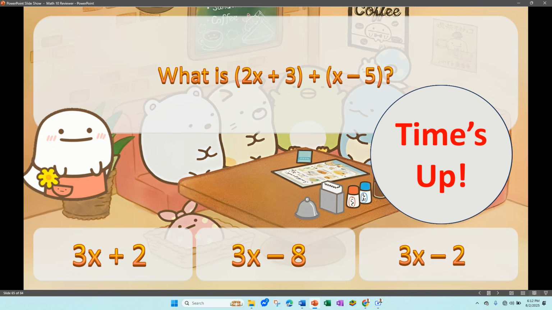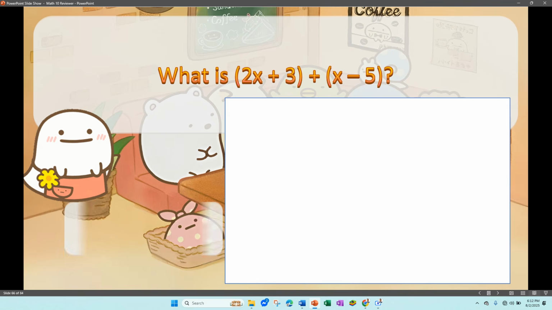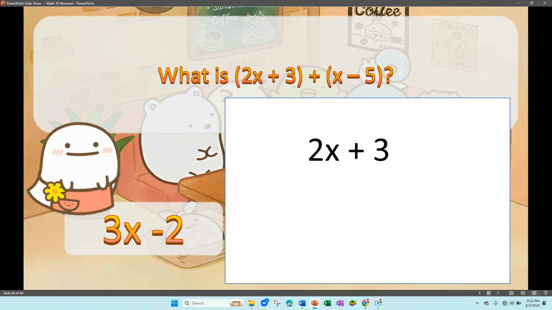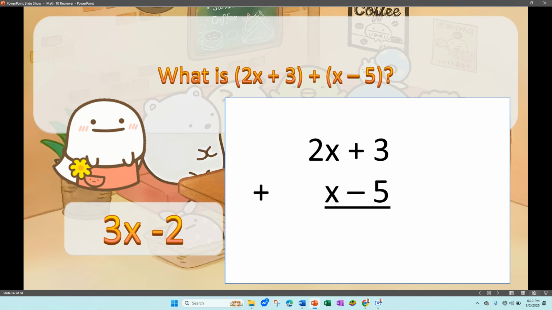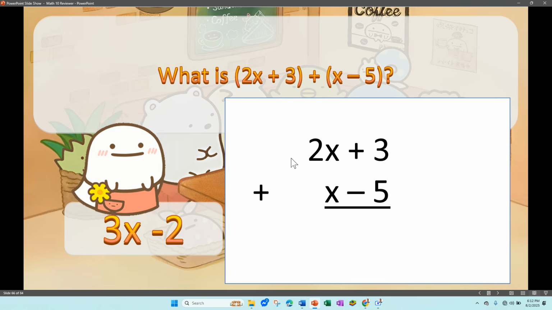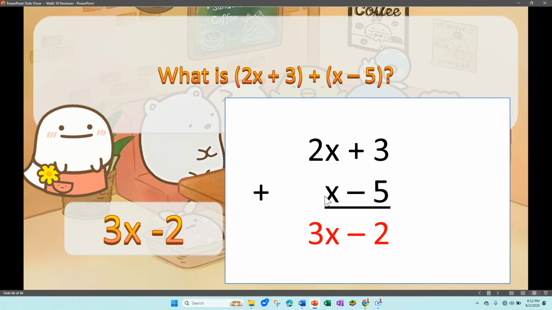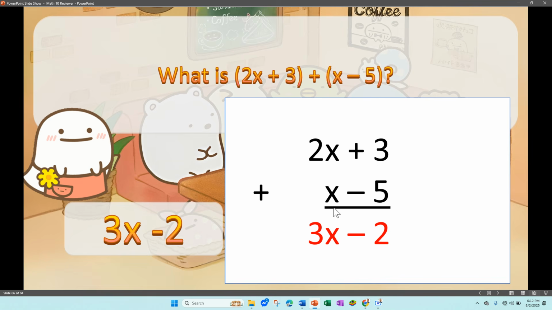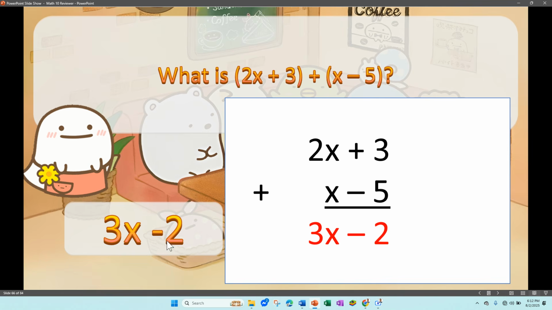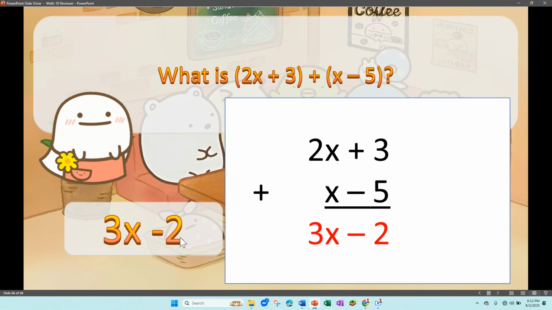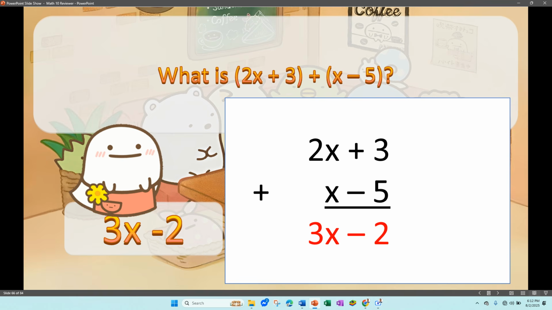Okay? So gamit po tayo ng vertical method. Ilalagay lang po natin: we have 2x plus 3 plus x minus 5. And then add lang po. 2 plus 1 is 3x. And 3 minus 5 is negative 2, and that is the sum of the given above.